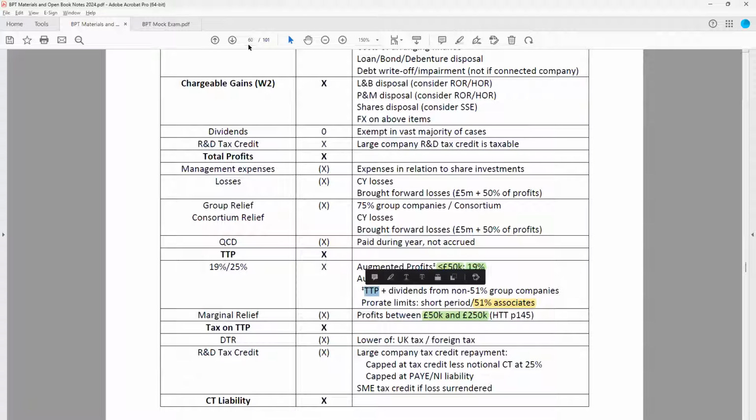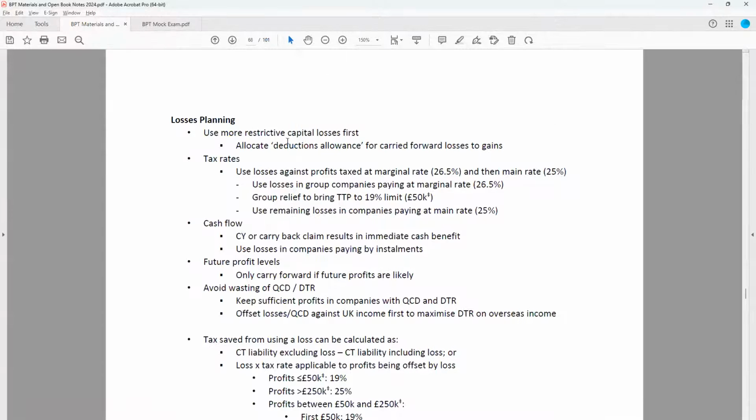And therefore that's going to be our strategy here. We're going to want to target the losses at profits at the marginal rate, and then obviously after that, the main rate, because that's higher than the small profits rate.